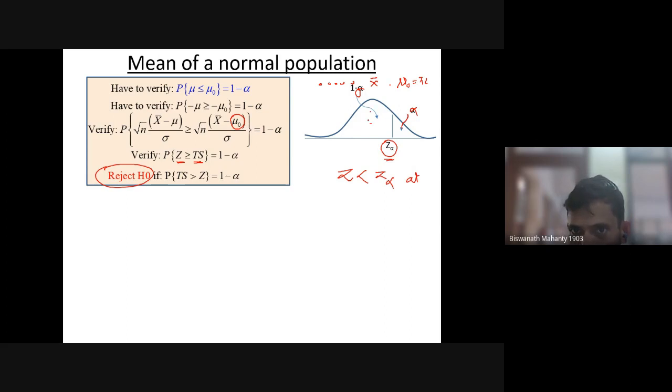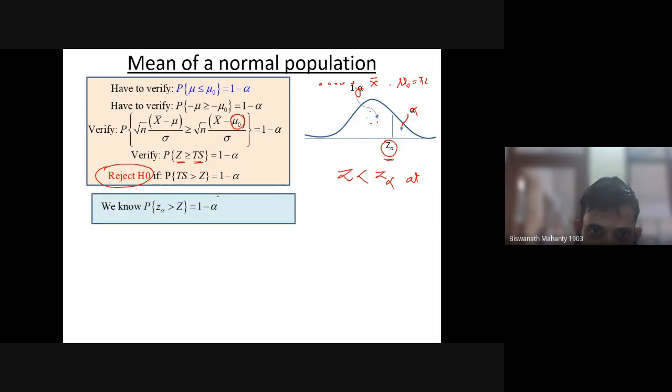This area's confidence level. Everything is z, so the same thing we are talking about here. We know that z alpha is greater than z. Instead of that, I can say z alpha is greater than z at 90% confidence level.